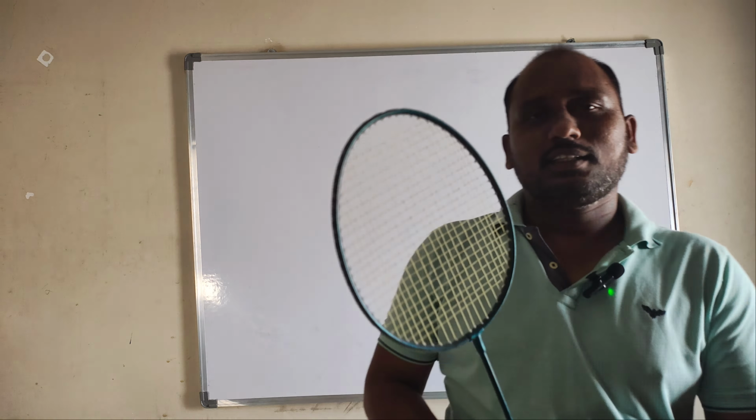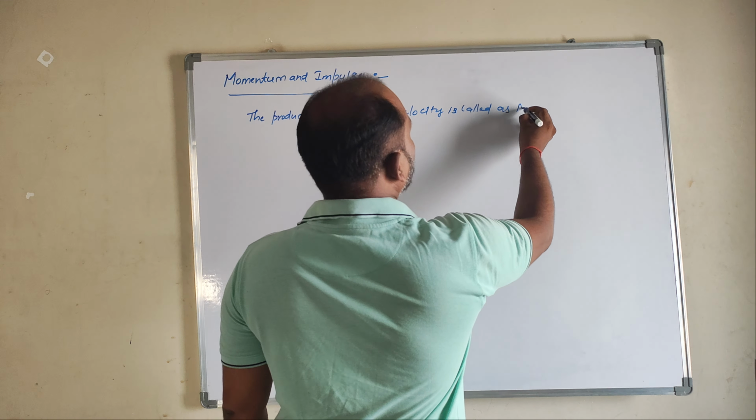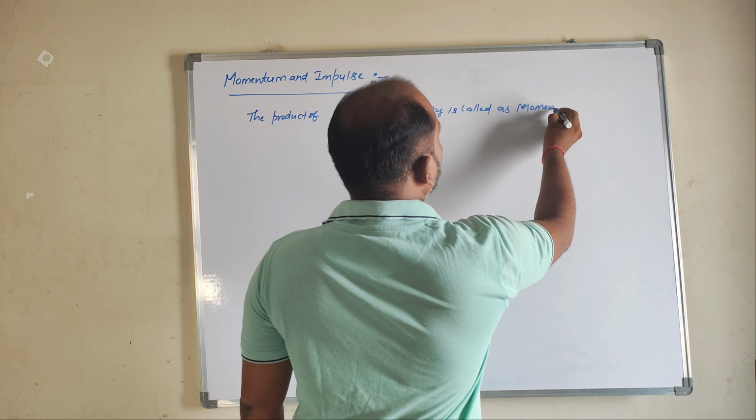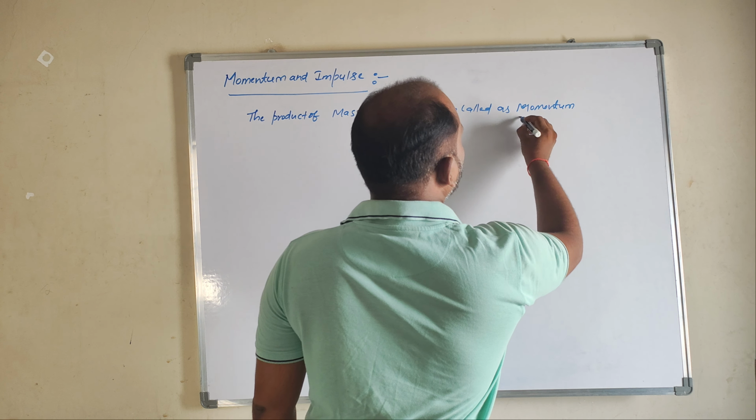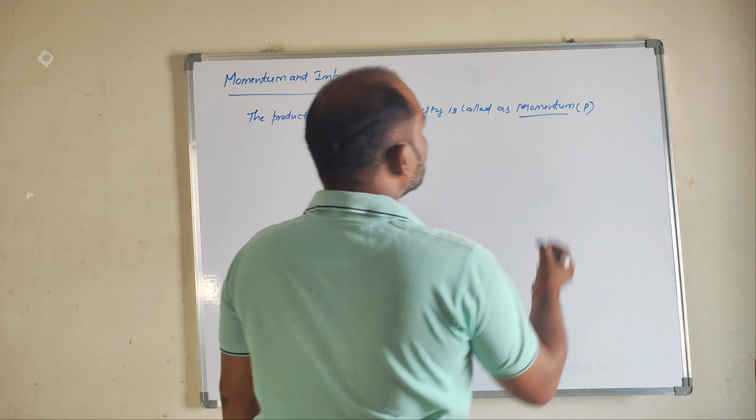So how do we define momentum? Momentum is defined as the product of mass and velocity. That is P, guys.